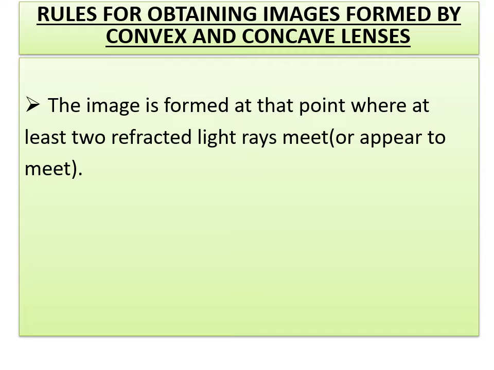We call these the rules for obtaining images in both concave and convex lenses, or we can say the behavior of certain light rays when they are incident on the respective lens, irrespective of concave or convex lens. The image is formed at the point where at least two refracted rays meet or appear to meet.